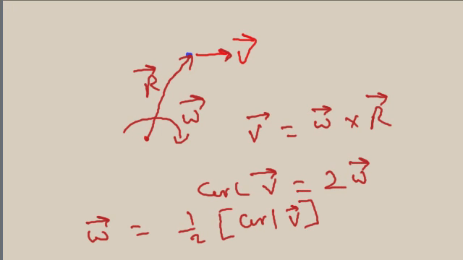That means you first find curl of v and divide it by 2. You will get the angular speed of that point. This is the physical representation of curl of v. You just find out the curl of vector v and divide it by 2, and you will get the angular speed of that point.